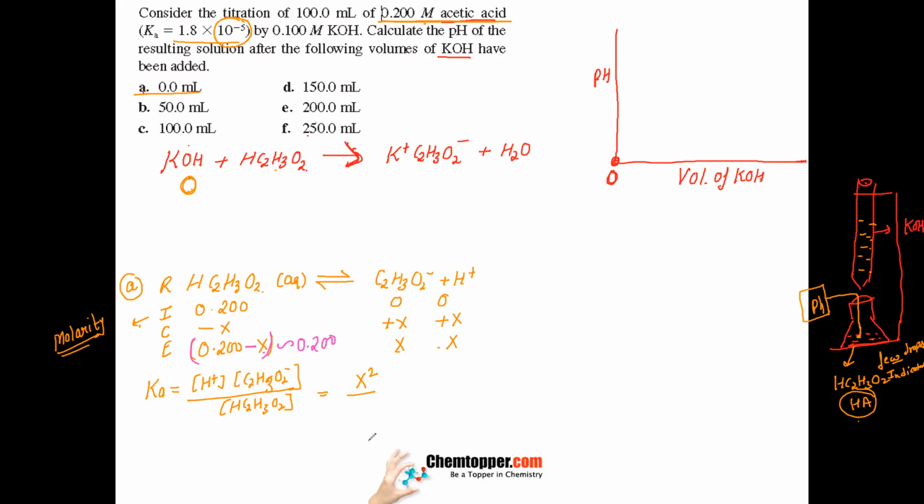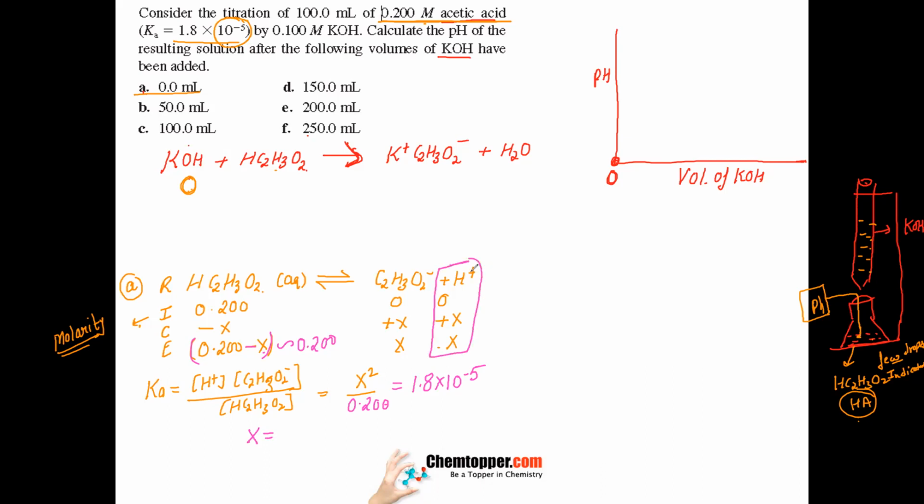So x squared over 0.200 is equal to 1.8 times 10 raised to the power minus 5. Get the value of x from here. And that value of x is the concentration of H plus.